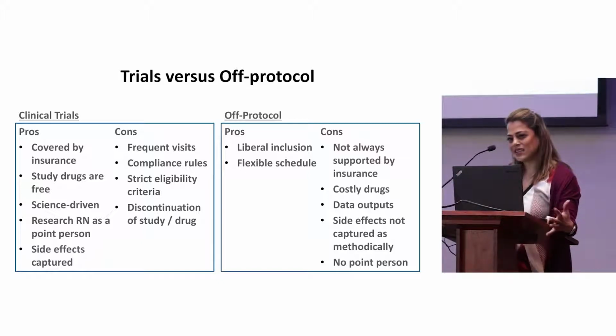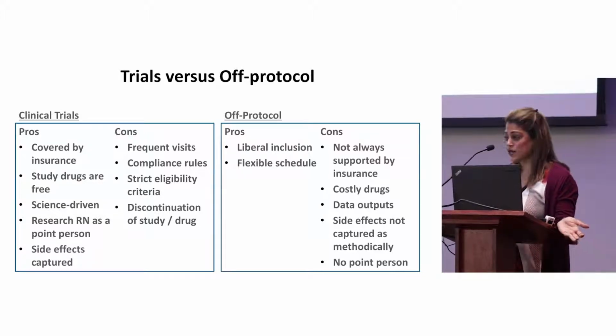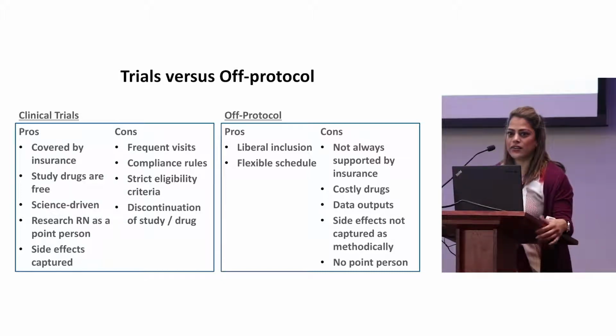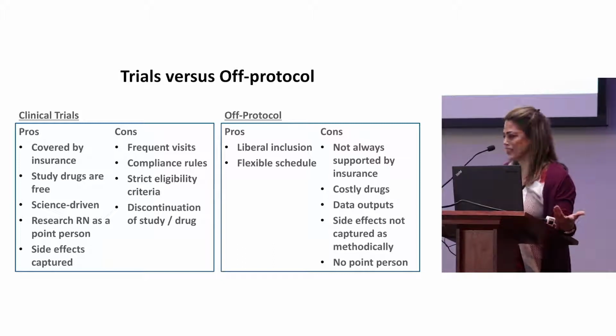And so the data that comes out of an off-protocol use of drugs is not always validated. And the side effects are not often captured on clinical trials that report to the FDA. You have to present these annual reviews and review all the toxicities that each patient has had. On an off-protocol treatment, you never have to do that. And so you're only reporting what you've sort of thought to capture.